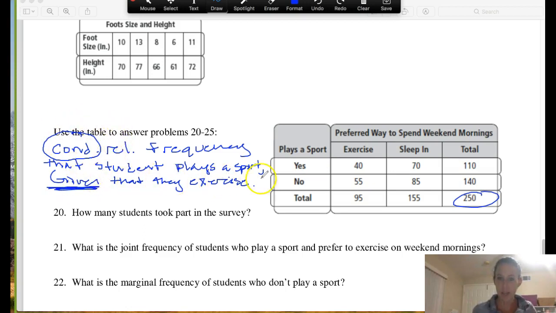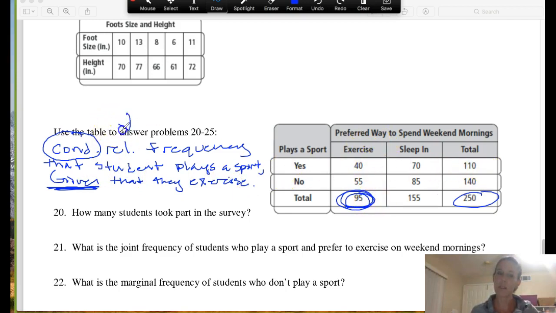So given that they exercise, I'm going to look at the exercise column. This will be what I'm going to divide by. That's the total number of students I have that exercise, 95. If I was given that a student plays a sport, that would be this column. But no, I'm given that they exercise, or sorry, that would be this row. I'm given that they exercise.